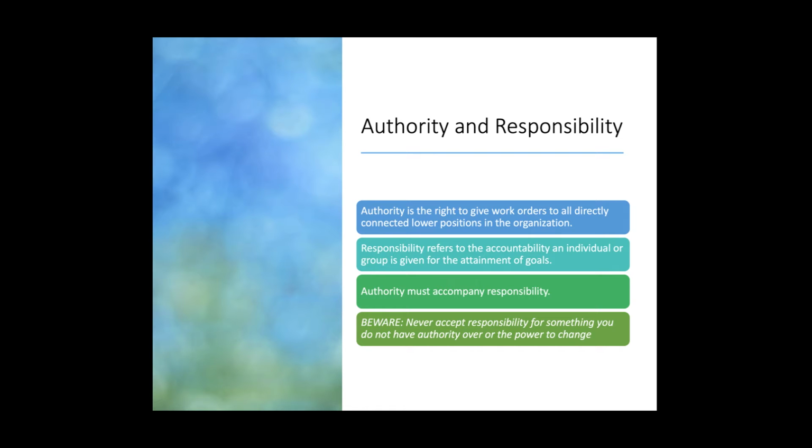Responsibility, contrasted with the concept of authority, refers to the accountability of an individual or a group, the responsibility that's given for the attainment of goals. Authority says, I'm giving this task to you to complete. Responsibility says, then that individual or group is now responsible to attain those goals.